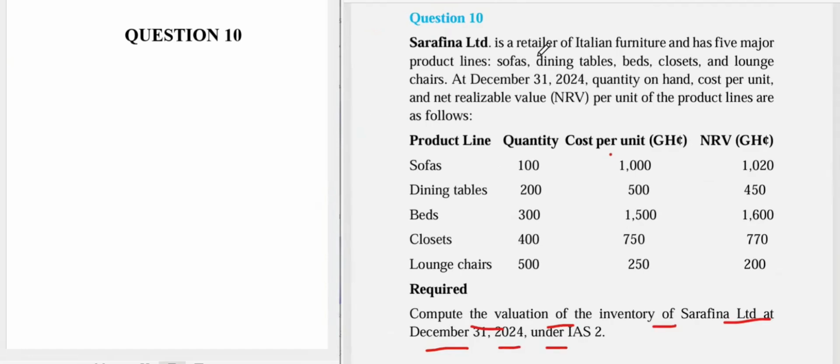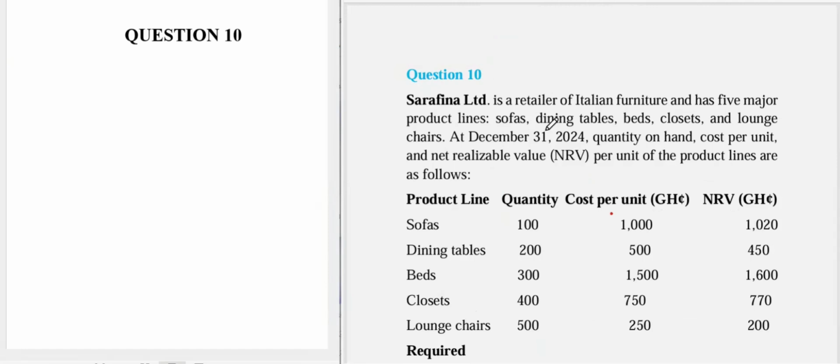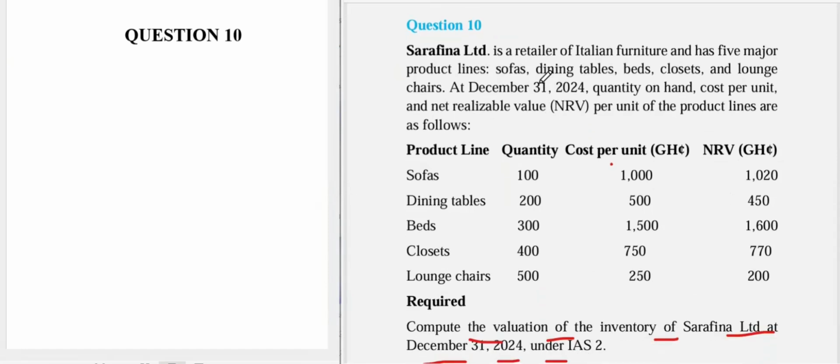Good. So the question says, Safina Limited is a retailer of Italian furniture and has 5 major product lines. So we have the lines: sofa, tables, beds, closets, chairs.